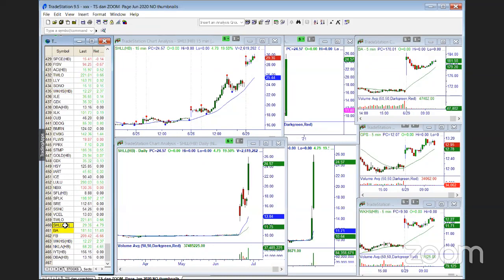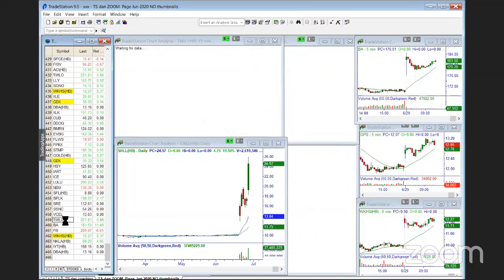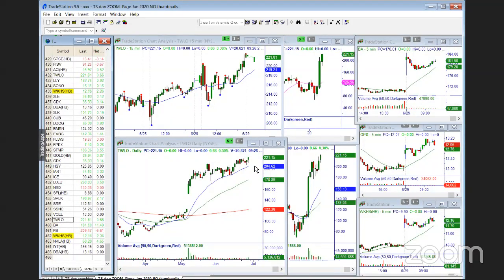Shill, it's left the station. Twilio is on our bullish list. I was going to give this in the weekly letter as a put spread, despite our slight bearish bias, for two reasons. One is it's a bullish chart, so it's doing its own thing.